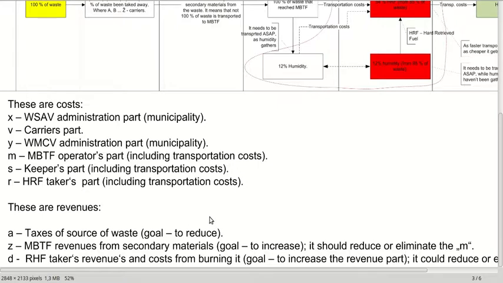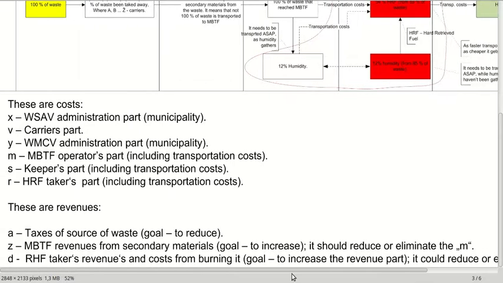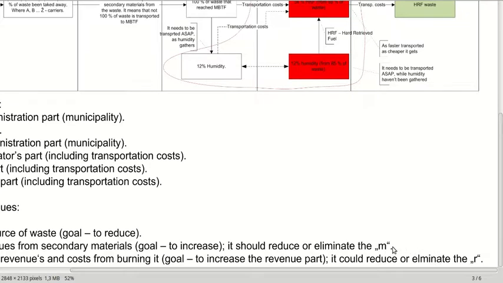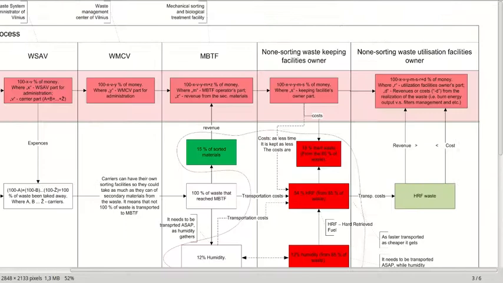So of course we always want to increase the revenues, so these revenues could be even big enough in order to eliminate the MBT operator part or the fuel takers' part. So that and that.